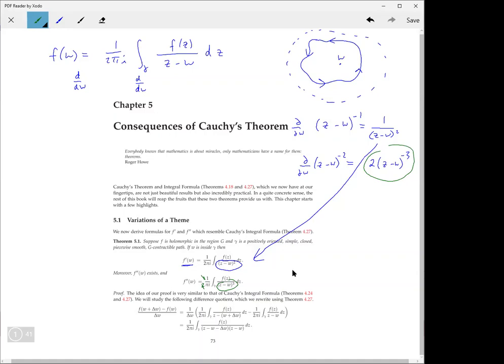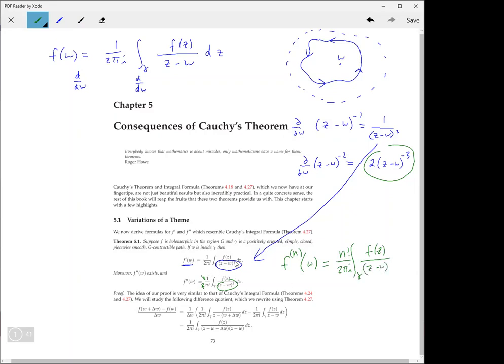And in general, so this is the first and the second derivatives. The nth derivative is going to be n factorial over 2 pi i times the integral of f of z over z minus w.